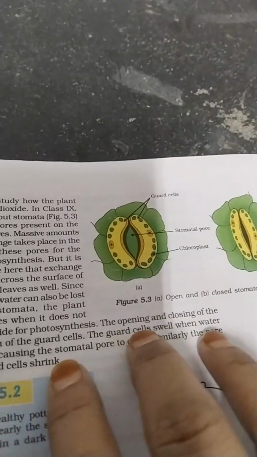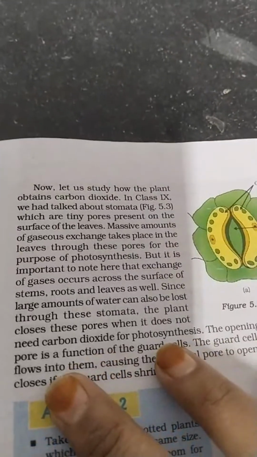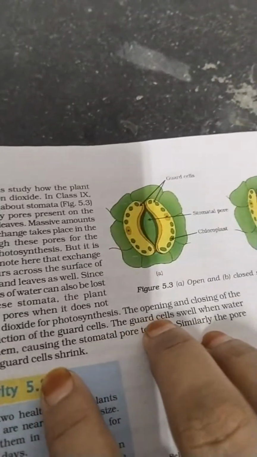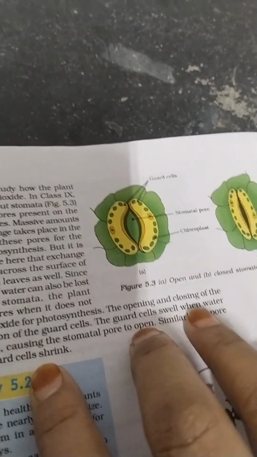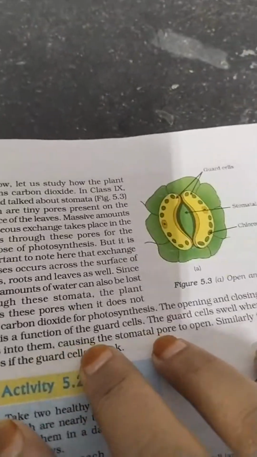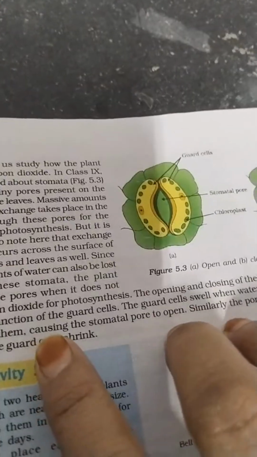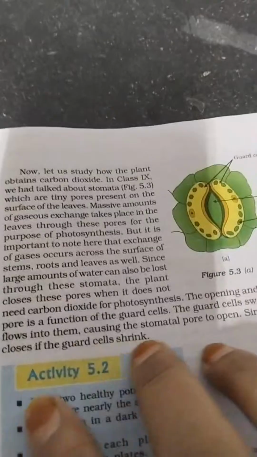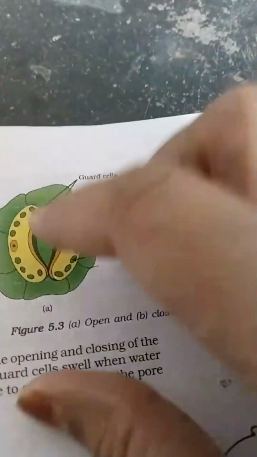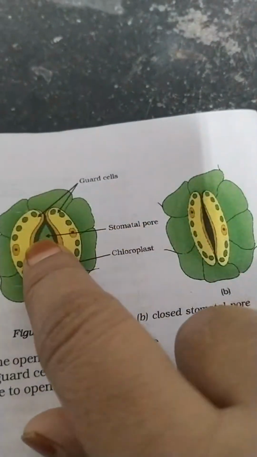The opening and closing of the pores is a function of the guard cells. The guard cells swell when water flows into them, causing the stomatal pore to open. Similarly, the pore closes if the guard cells shrink. See, these are the guard cells. When the water arrives, they swell and the stomatal pore opens.